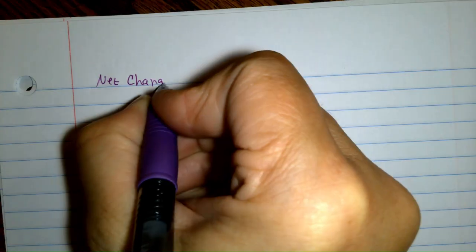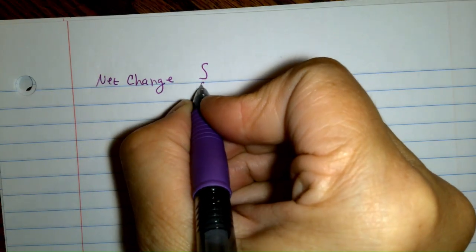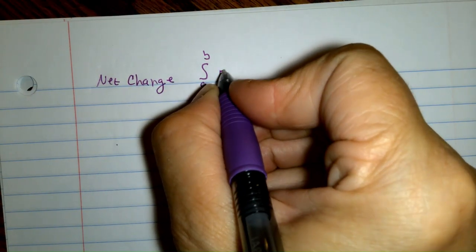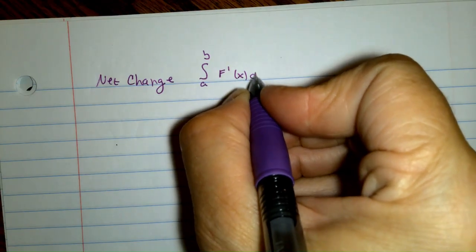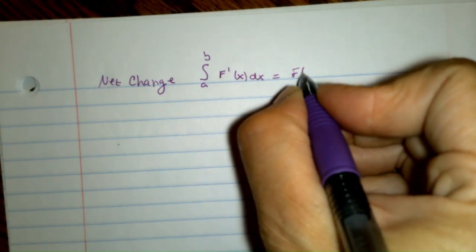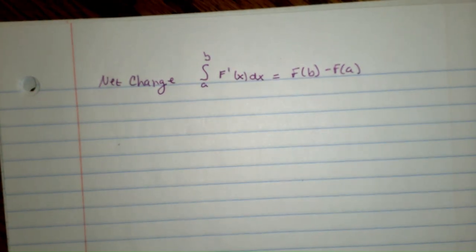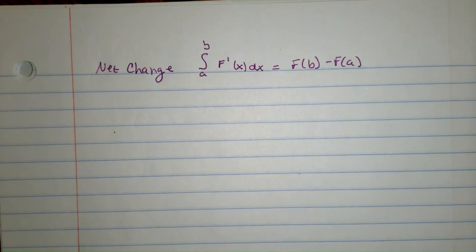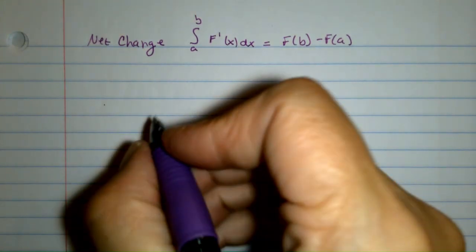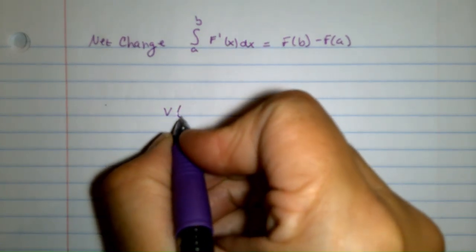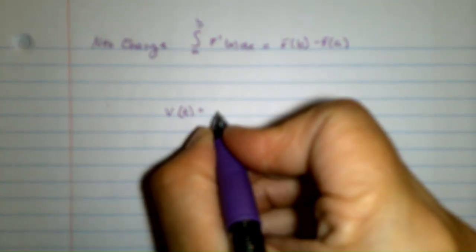When they ask you about net change, integral from a to b, f prime of x dx equals f of b minus f of a, quote unquote, the area under a curve, right? But let's say I give you velocity and I give you the equation.